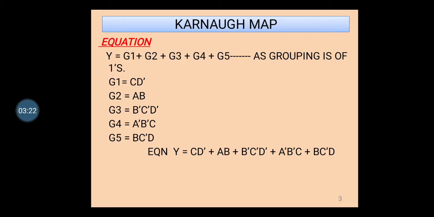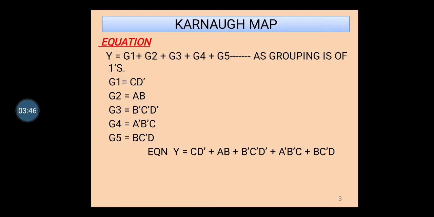Write it down, and if it is changing, don't write. Also go column wise and find out which variable is changing. The changing variable you don't have to write, and the variable which is not changing, which is constant for all rows, that you have to write. And that is how you write all the group equations and then combine them as shown here.